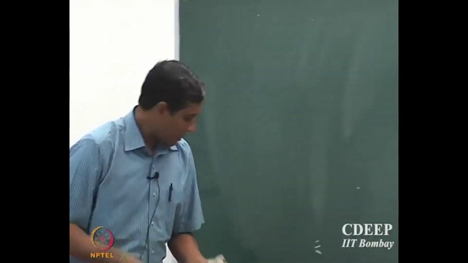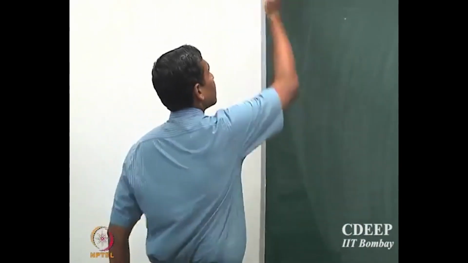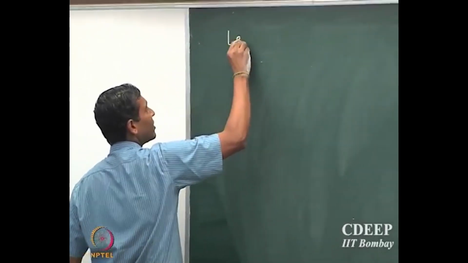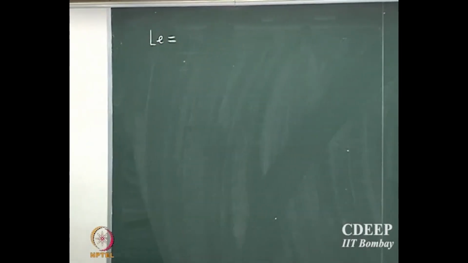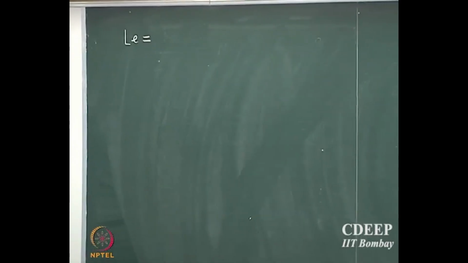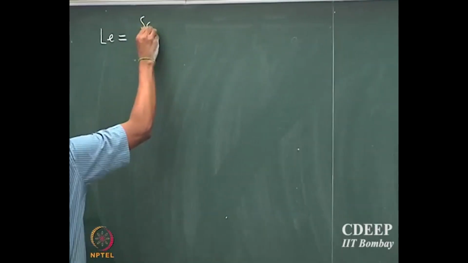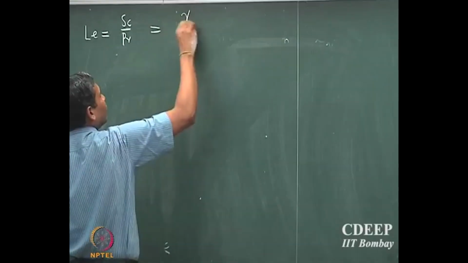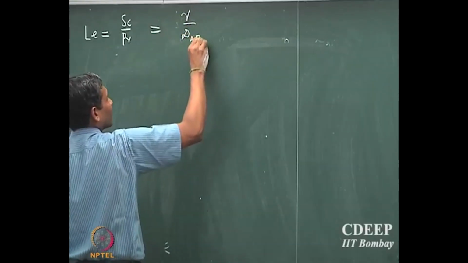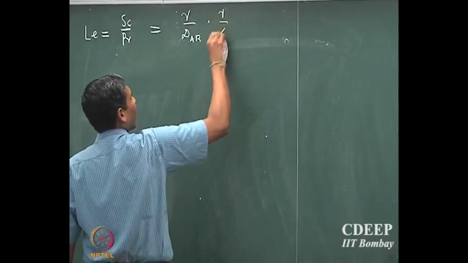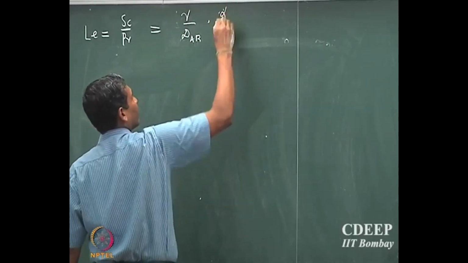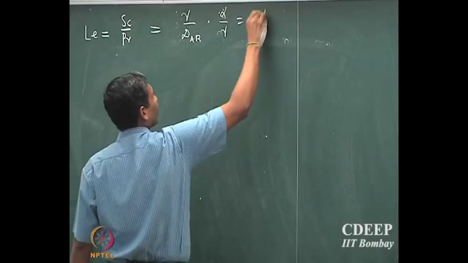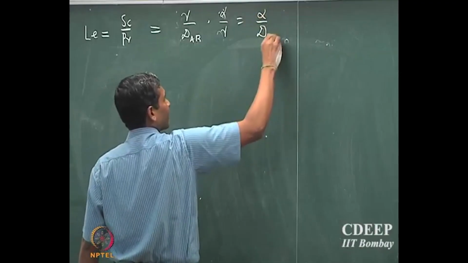Alright, so we said that the Lewis number is the ratio of the Schmidt number to the Prandtl number, that is nu by DAB into alpha by nu, so that's alpha by DAB, right?